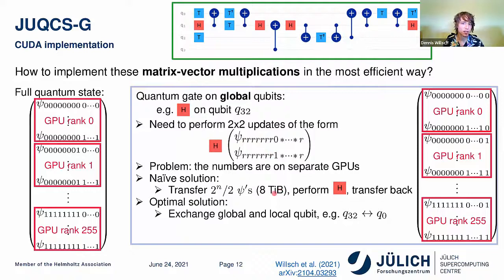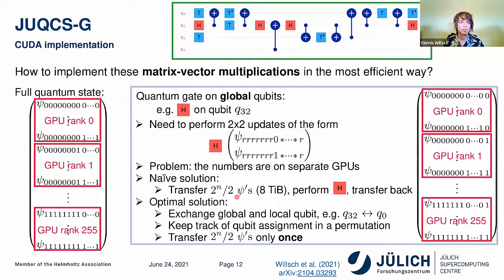After we've done this exchange of 8 terabytes, all pairs of complex numbers that need to be combined are on the same GPU. We only need to keep track of what we call global and local qubits so that we don't make a mistake further on in the circuit. And this is the optimal solution. It requires transferring half of all complex numbers only once and not back again.